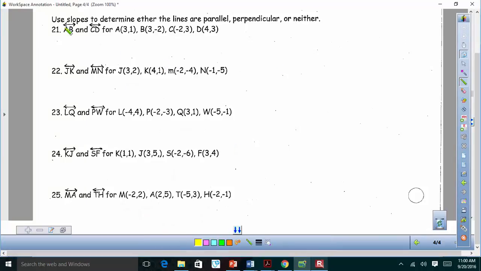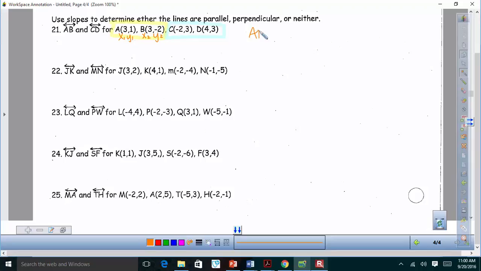So we want to look at line AB. So I'm going to highlight A and B. And then we're going to look at line CD. So I'm going to highlight C and D together so I can keep them straight. Okay, I'm going to go ahead and label X1, Y1, X2, and Y2 here. So we're going to plug into the formula Y2 minus Y1.